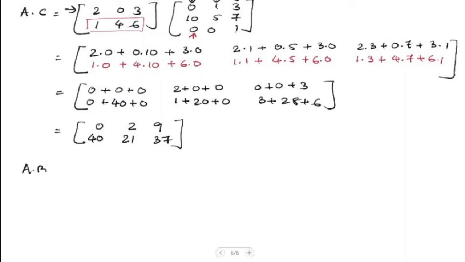Now what we do is we take the A times B that we got and we add it to the A times C that we got.